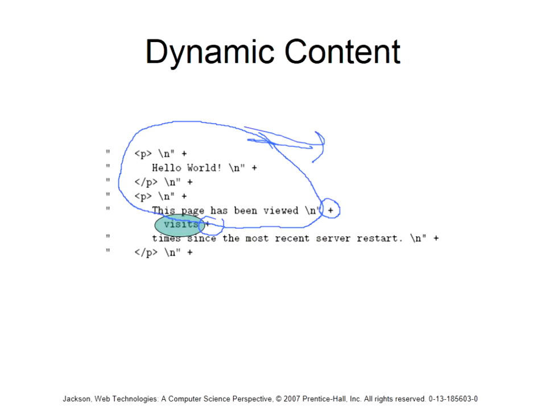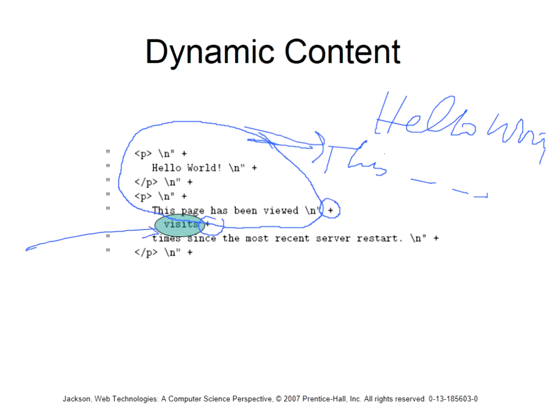So in the response, I will obtain hello world. This page is viewed. After that, plus visits, that means here the value of the attribute visits. Is it clear? Okay.